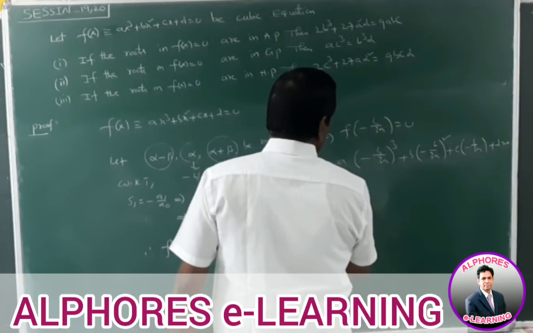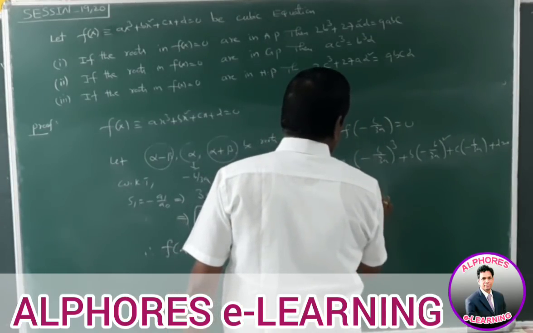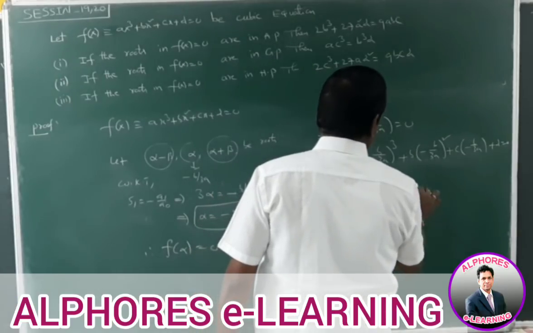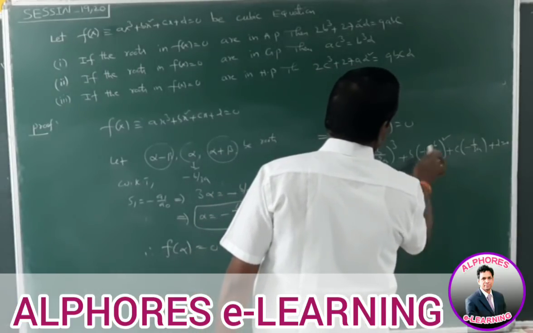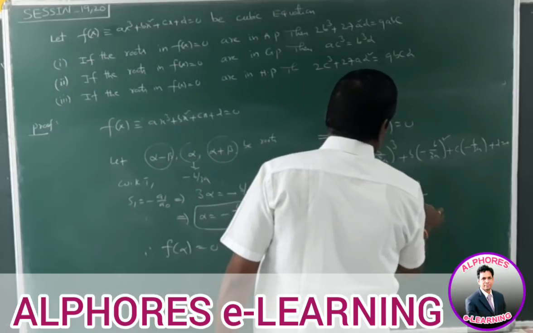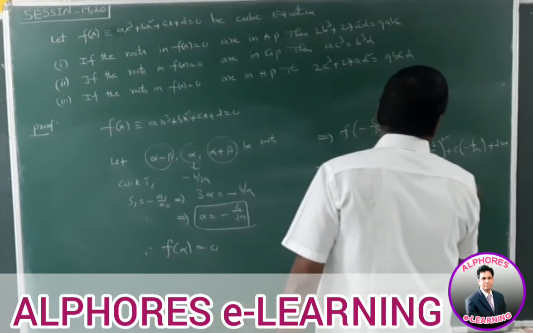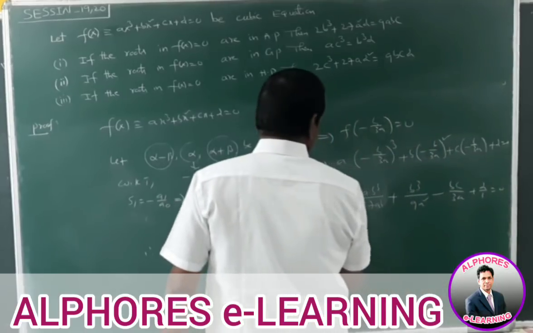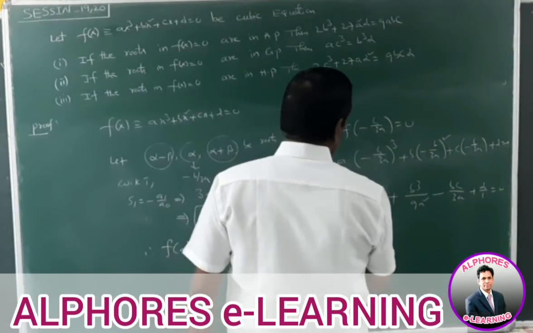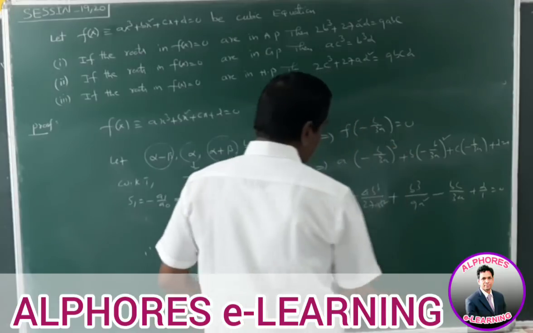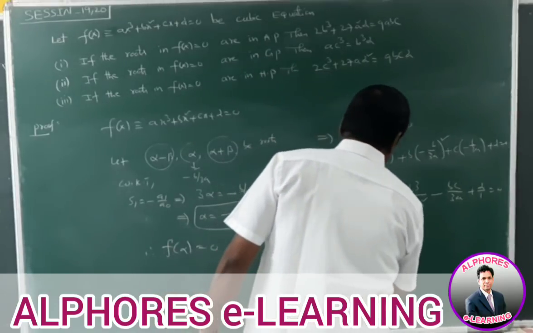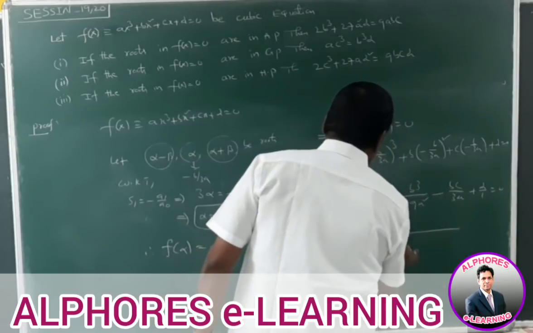That implies minus ab cube by 27a cube plus b cube by 9a square minus bc by 3a plus d by 1 is equal to 0. Here the LCM is 27a square.